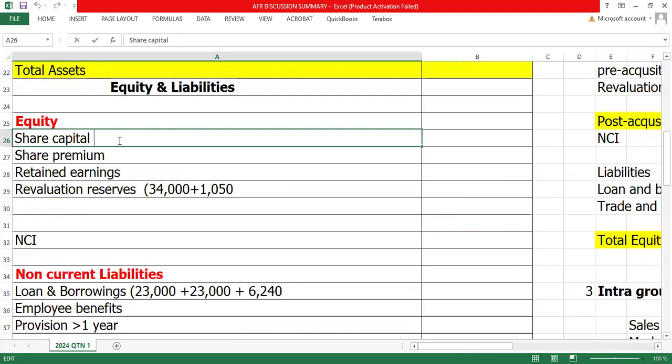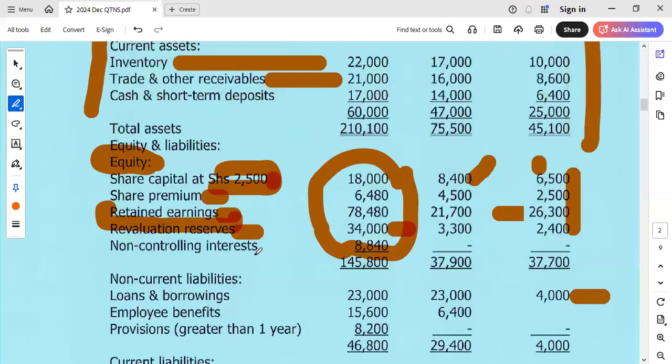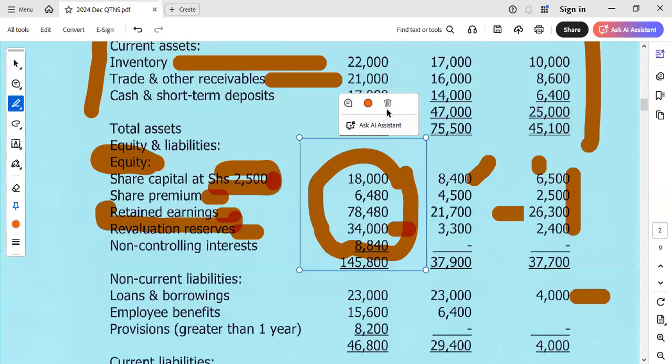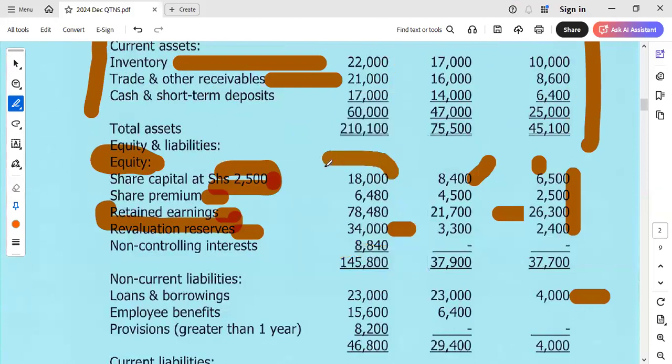Record the parent. The parent share capital is what? Are you seeing my workbook? Let me go back to the question. What was the share capital of the parent? It was 18,000.